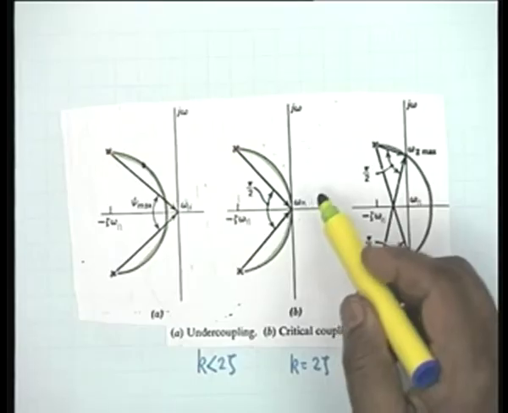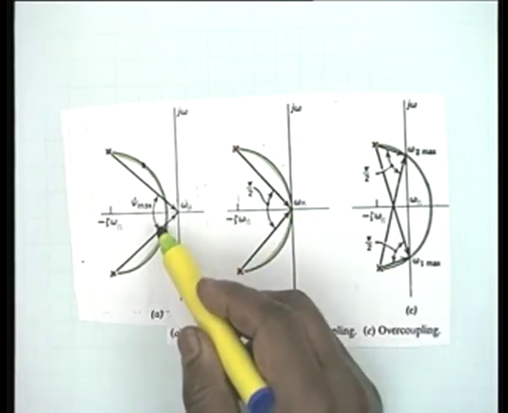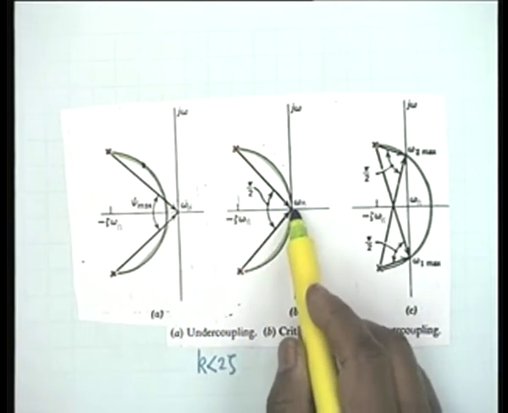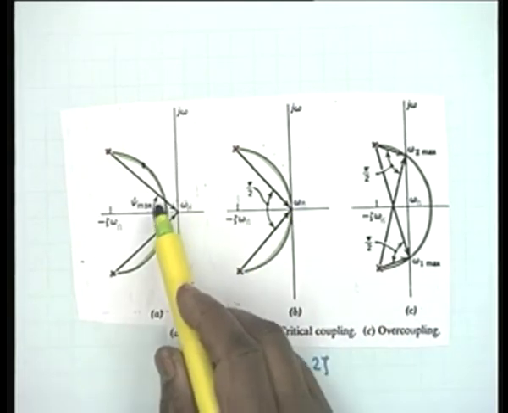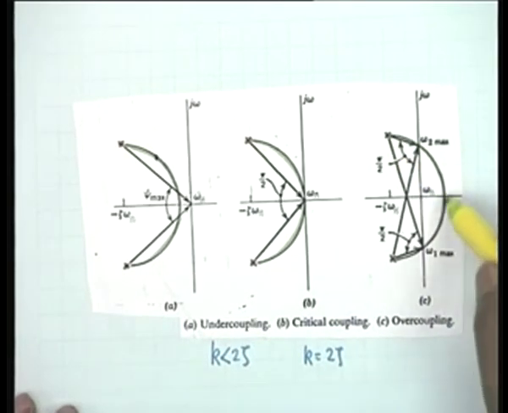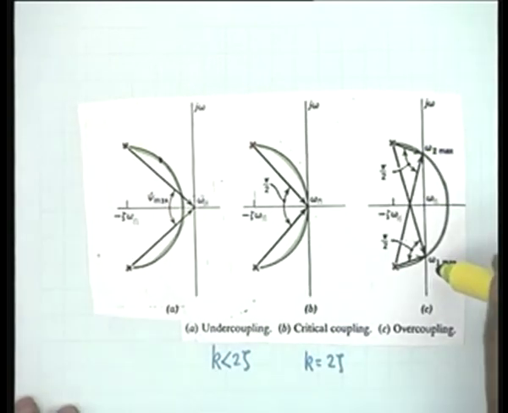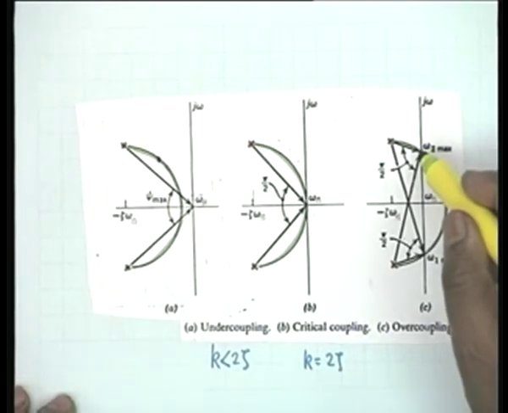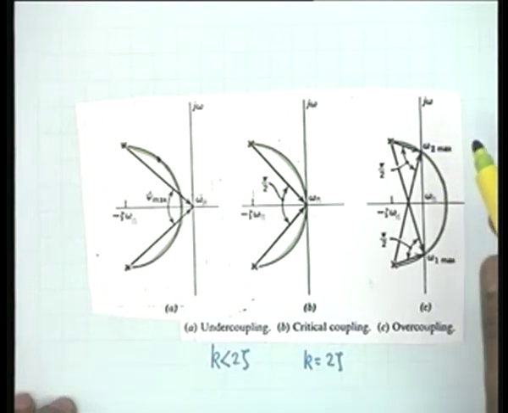Now, coming here, the maximum occurs at omega n. Here also the maximum occurs at omega n, but this maximum is greater because sin psi reaches its highest value, that is unity. Here it cannot, because this angle cannot be pi by 2. On the other hand, if the peaking circle does intersect the j omega axis at 2 points, omega 2 max and omega 1 max, at each point the angle is pi by 2, and therefore there would be 2 maxima.